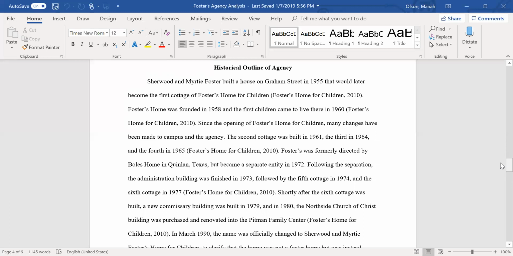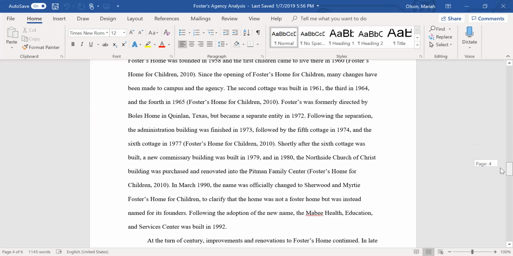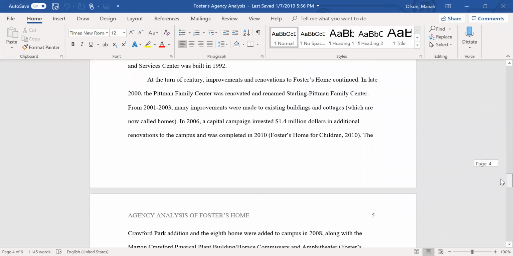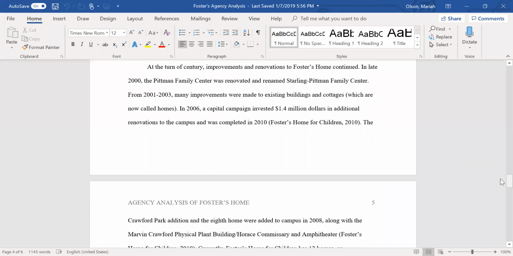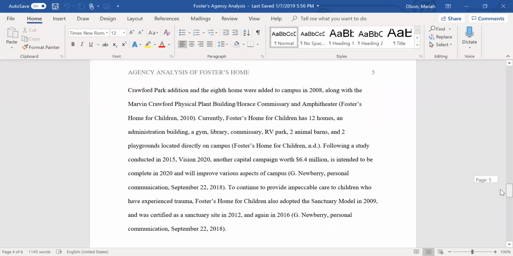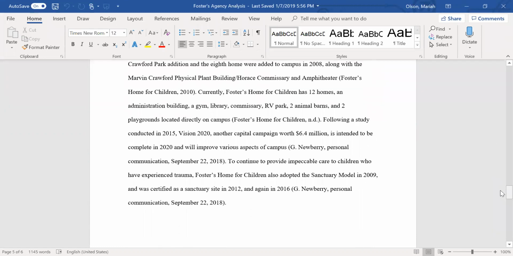Also include the people who lead this agency, so different changes in presidents, supervisors, any of that nature that's important. This is where that would need to go. This section, depending on your agency, could be rather long, so just make sure that you're in depth with that and include as much information as you can.